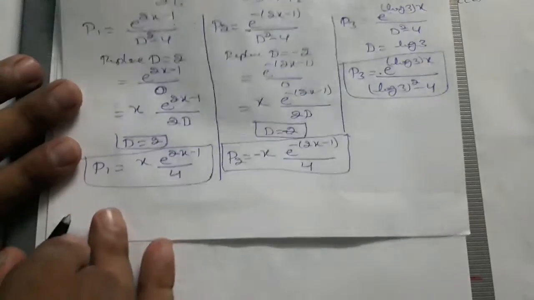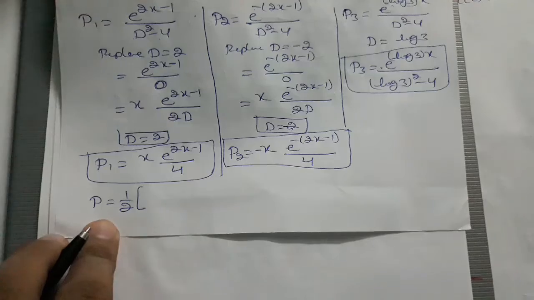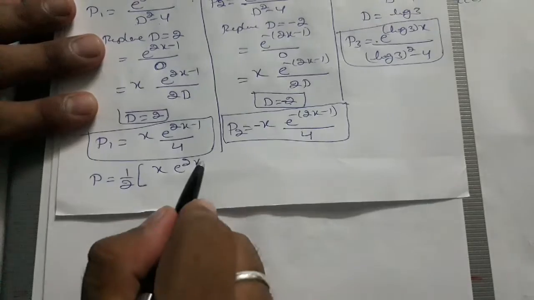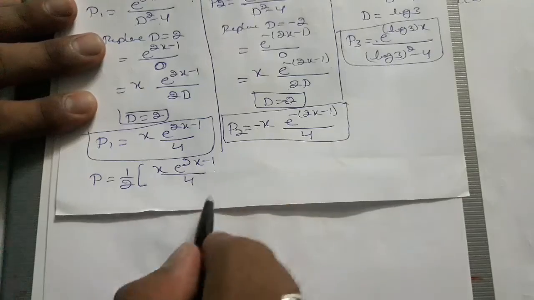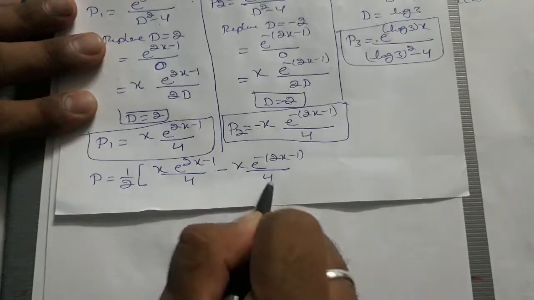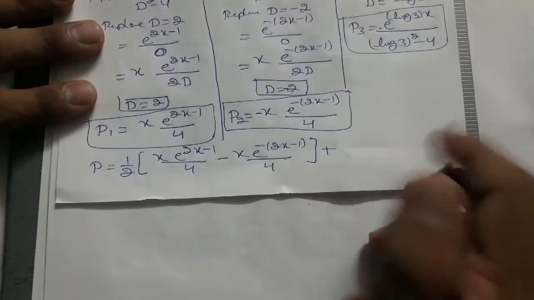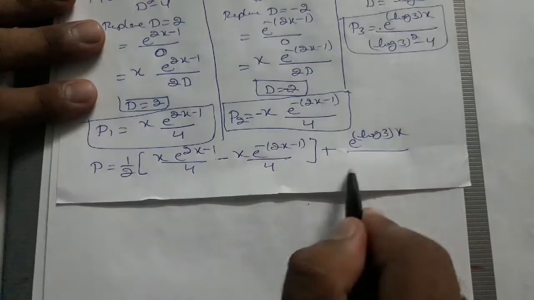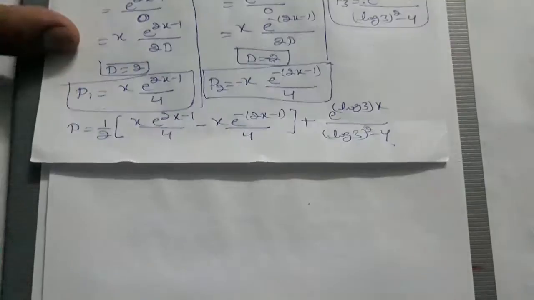p equal to 1 by 2 times of p1, which I got, that is x e to the power of 2x minus 1 by 4, and minus into plus is minus x e to the power of minus of 2x minus 1 by 4, plus again this one, e to the power of log of 3 x divided by log of 3 the whole square minus 4.